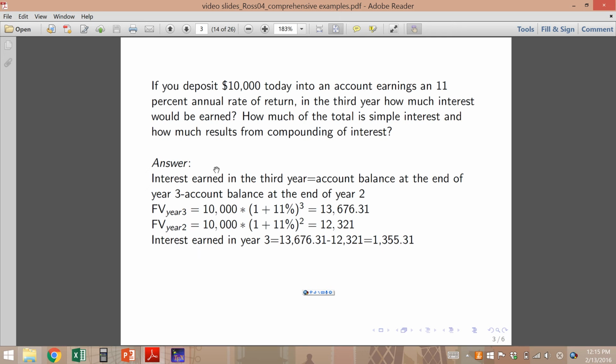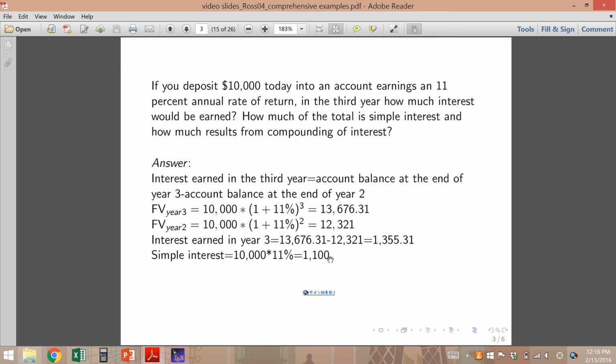Now the second half of the question, how much of it comes from simple interest? If it's simple interest, that means you're only earning interest on the original principal, which is this $10,000. So the interest earned during the third year should equal the original principal times 11%, which is 1,100.